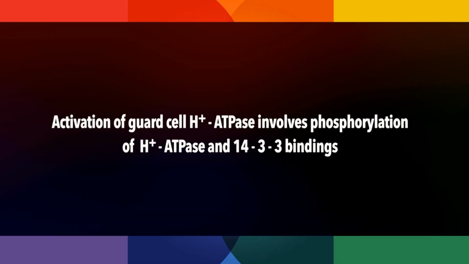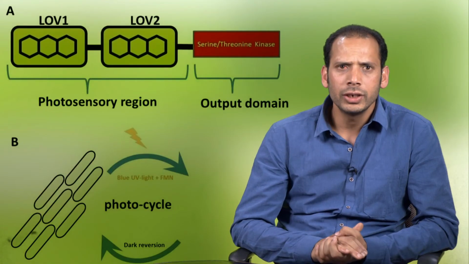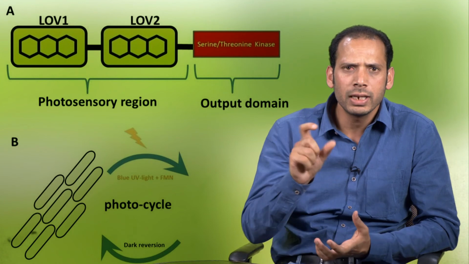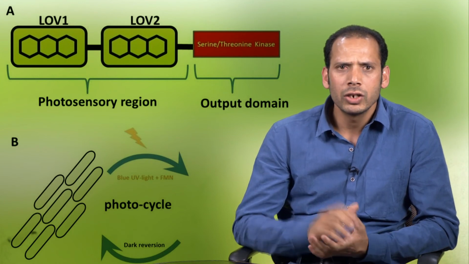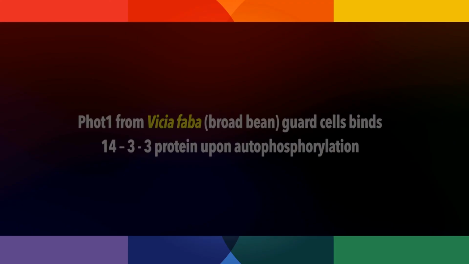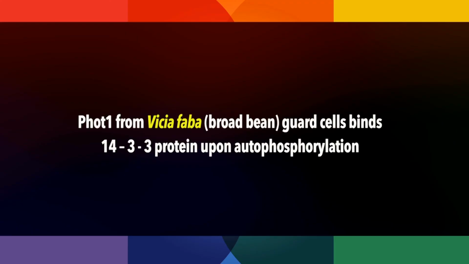Activation of guard cell proton ATPase involves phosphorylation of the proton ATPase and 14-3-3 binding. 14-3-3 protein belongs to a highly conserved protein family that typically binds to phosphorylated target proteins and regulates signaling in eukaryotic cells. Similarly, PHOT1 from Vicia faba broad bean root tips and guard cells binds to a 14-3-3 protein upon autophosphorylation.